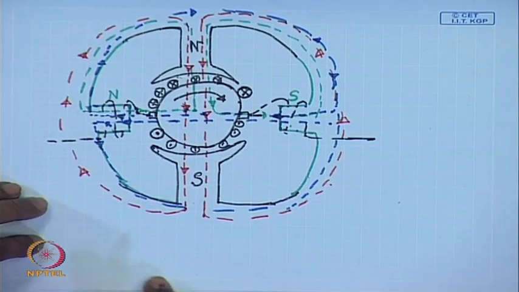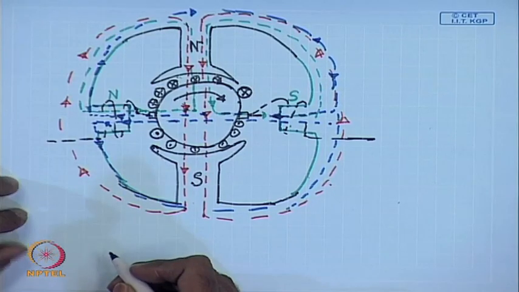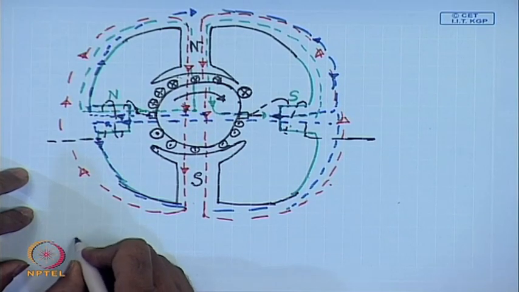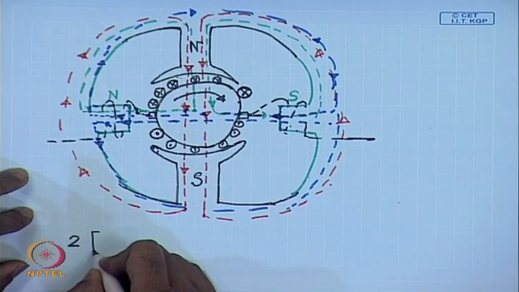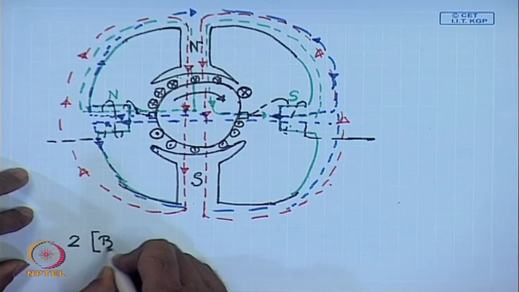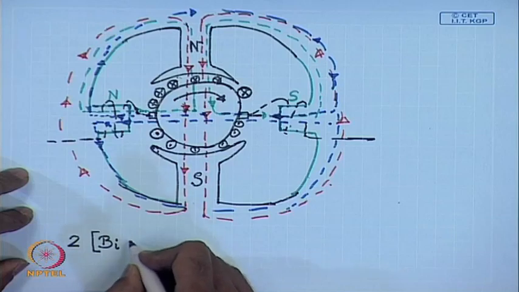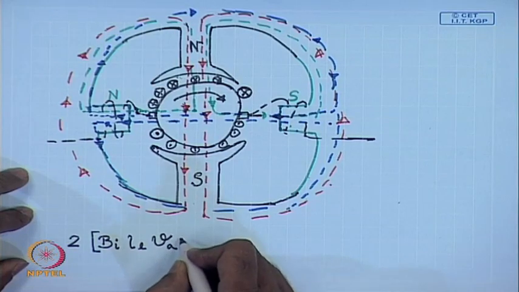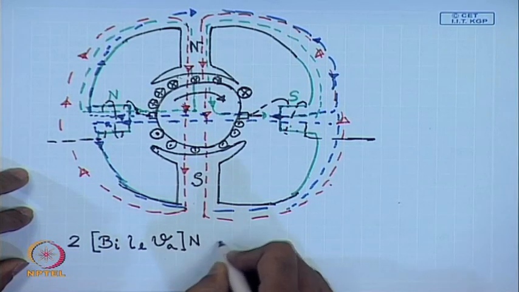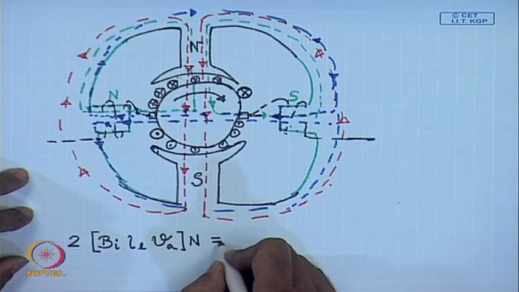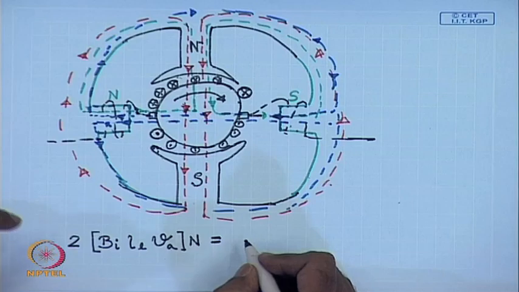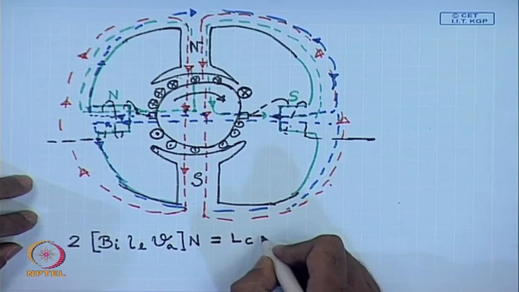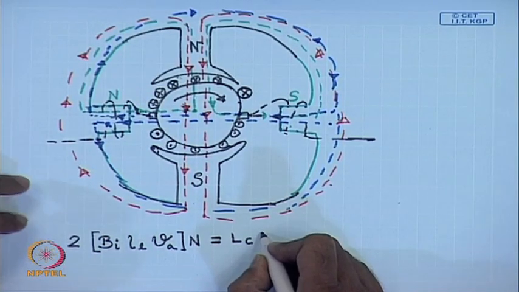The voltage induced in the coil at the interpolar location will be 2 times the desired interpolar flux density B_I into length of the conductor into velocity of the armature into number of turns, this should cancel the voltage due to the self inductance of the coil undergoing commutation.